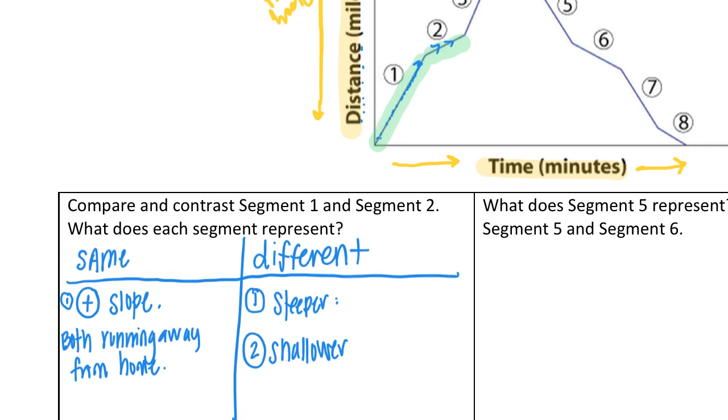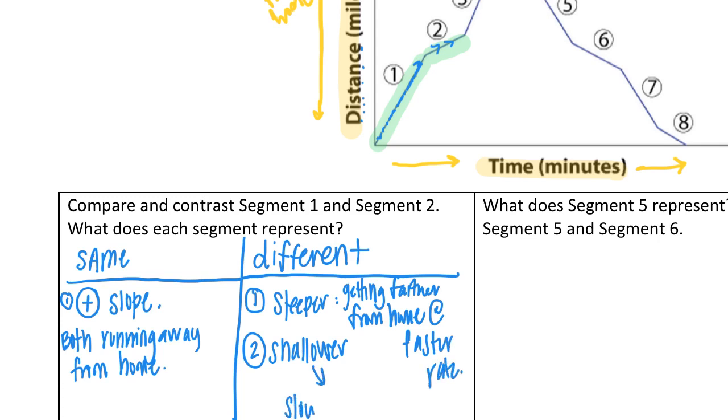So if it's steeper, that means they're getting farther from home at a faster rate for segment 1. And the shallower curve represents them slowing down. Now, are they still running? Sure. Are they still leaving home? Sure. But they're just slowing down a little bit.